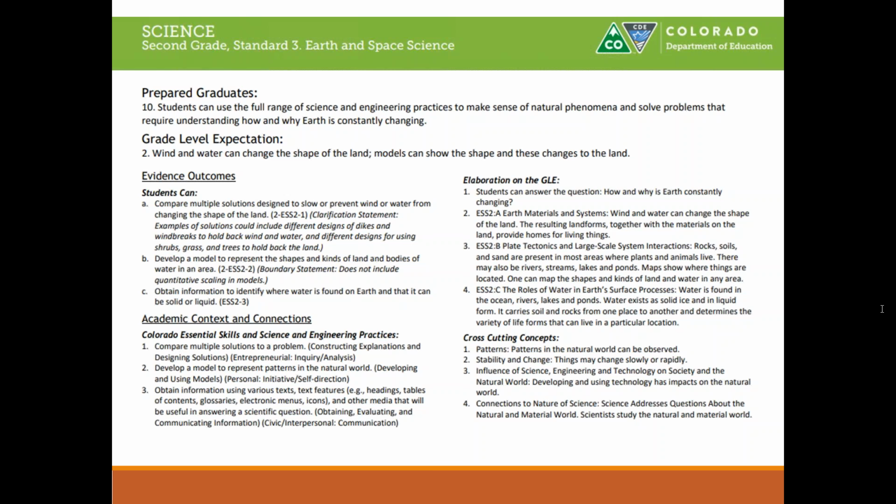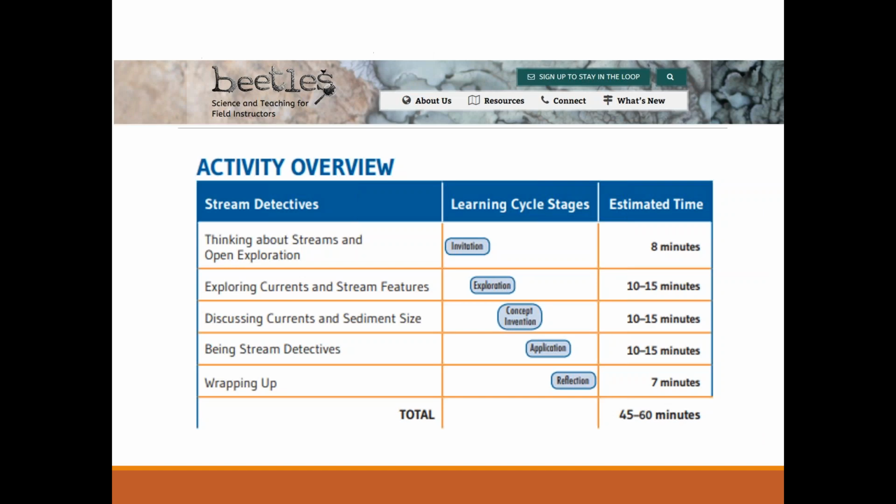Hopefully that makes sense, but those codings just allow you to find it in NGSS. So earth science is ESS, life science would be LS, and physical science would be PS.